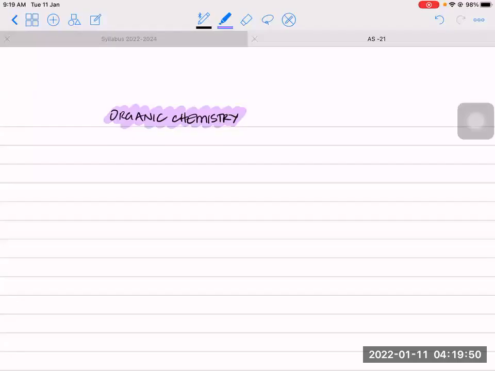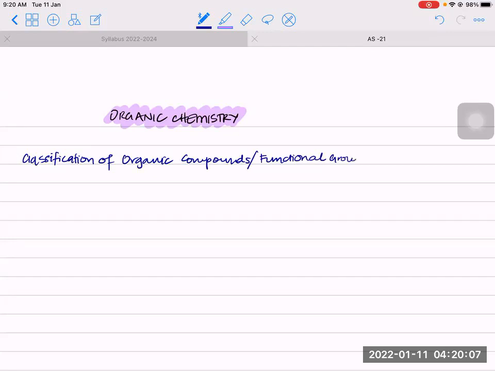Let's start with organic chemistry. Let's start with classification of functional groups. So let's see the classification of organic compounds or functional groups. Now, the first list of organic compounds includes hydrocarbons.